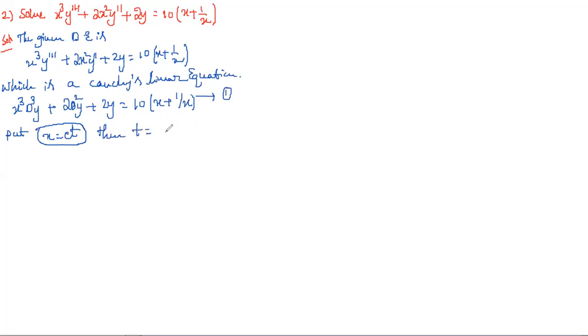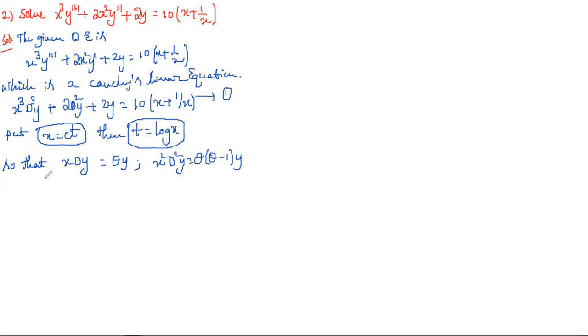Then x dy is equal to theta y, x square d square y is equal to theta into theta minus 1 into y, and x cube d cube y is equal to theta into theta minus 1 into theta minus 2 into y, where theta is equal to d by dt and d is d by dx.